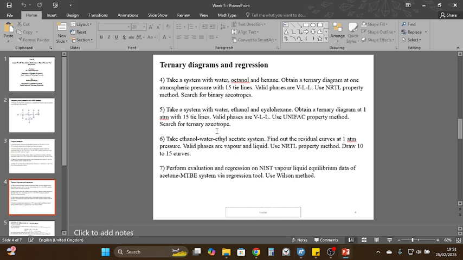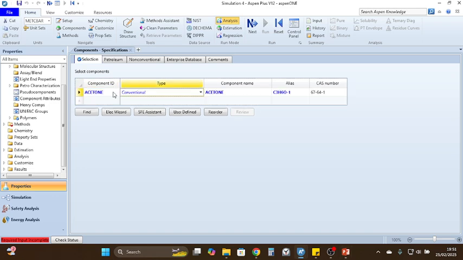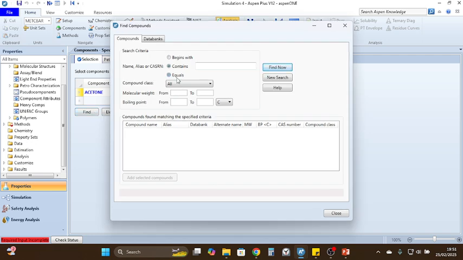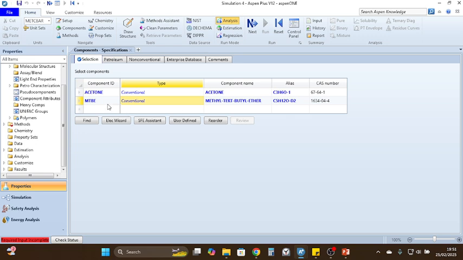So what are the components that we have? We have acetone and MTBE, methyl tert-butyl ether. So we have specified both the components.